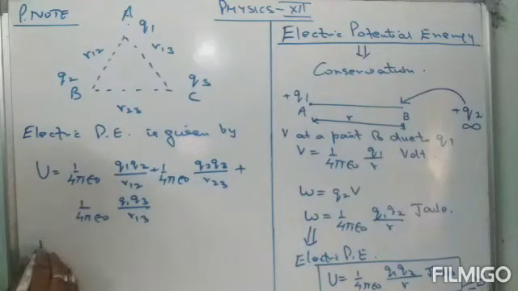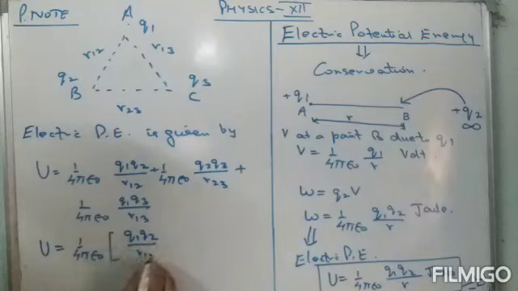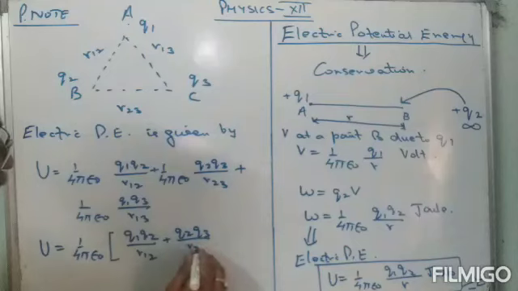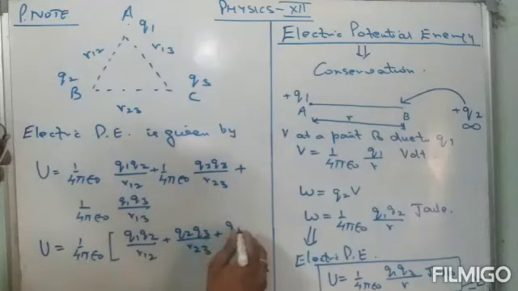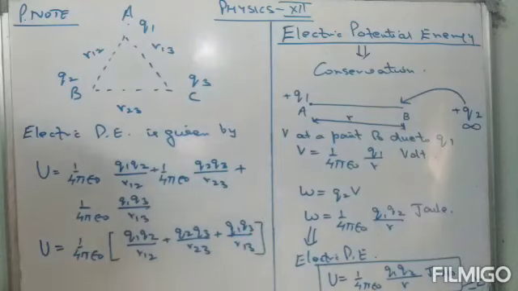I may even write this as U is equal to 1 upon 4 pi epsilon naught, taking it common, inside you will get Q1 Q2 upon R12 plus Q2 Q3 upon R23 plus Q1 Q3 upon R13. I'll get this formula.